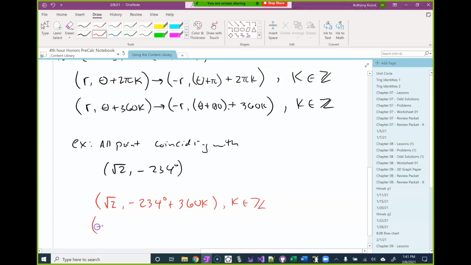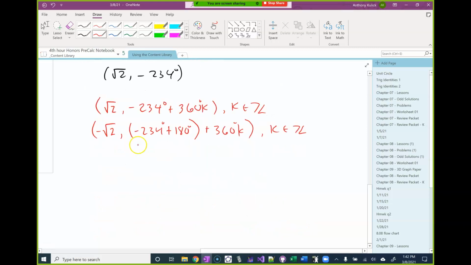And then I'm going to have negative square root of 2, comma, negative 234 plus 180 degrees plus 360k.